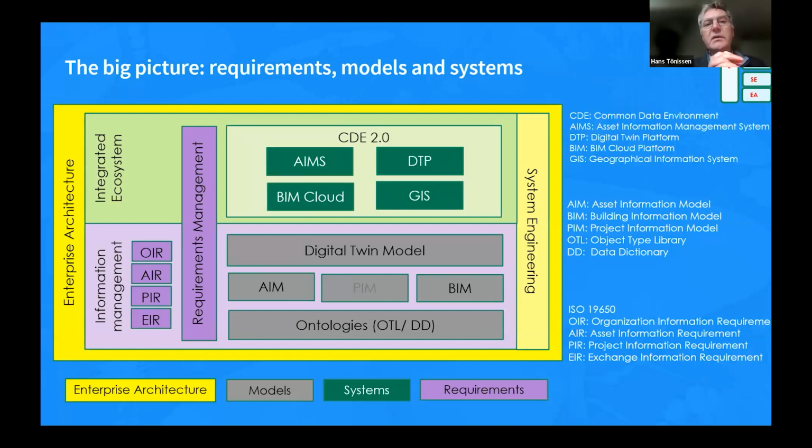And we call that here a very brave new common data environment 2.0. And that is with asset information management systems, digital twin platform systems, BIM cloud platforms and geographical information systems. By doing this, we think you are building up valuable and sustainable digital twins.